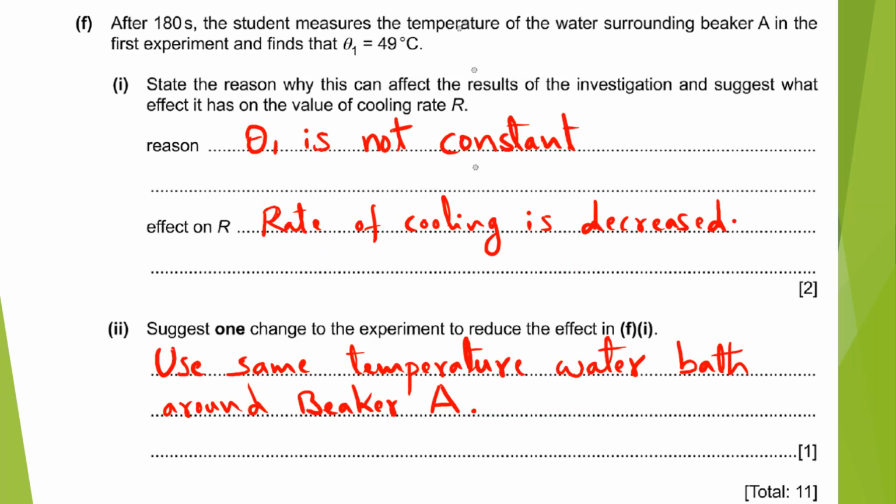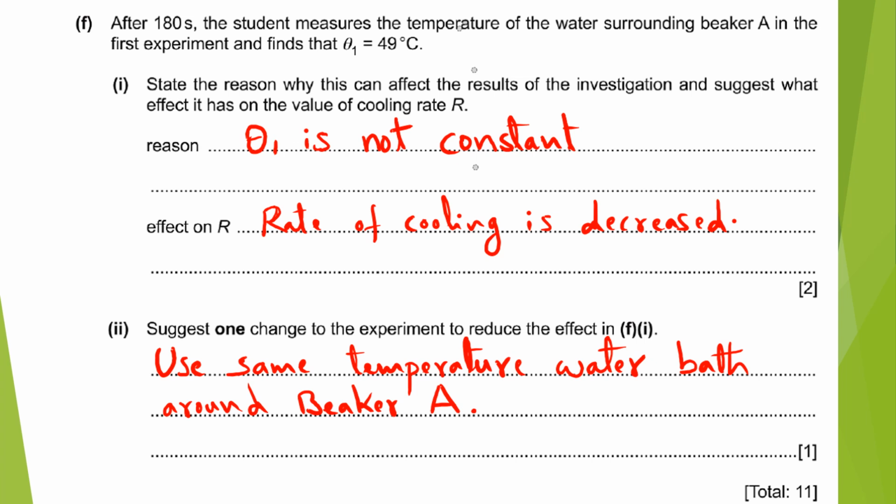Then moving on to the next question. Part F. After 180 seconds, the student measures the temperature of the water surrounding beaker A in the first experiment and finds that theta 1 is equal to 49 degrees Celsius. State the reason why this can affect the results of the investigation and suggest what effect it has on the value of cooling rate R. So in the first attempt and second attempt, the temperature after 180 seconds is not the same.